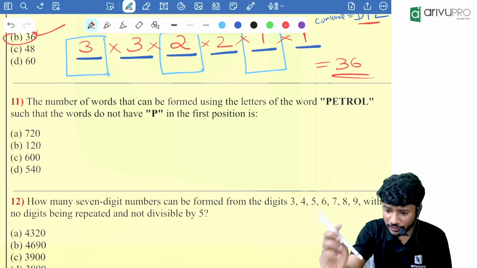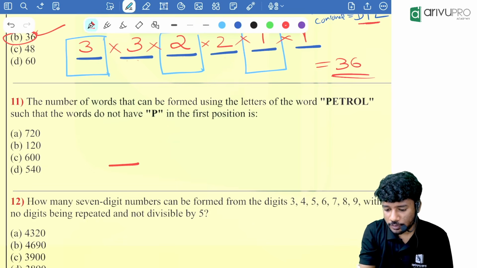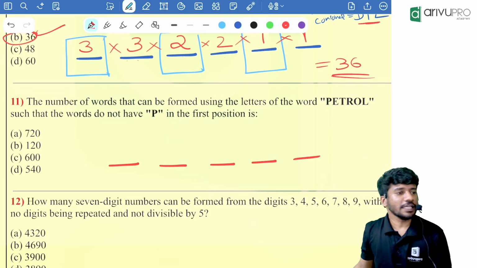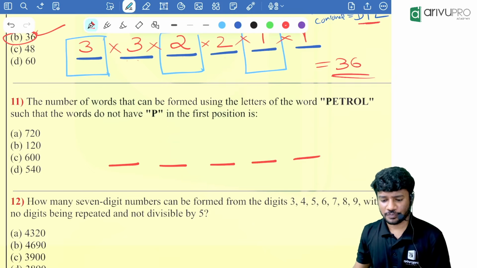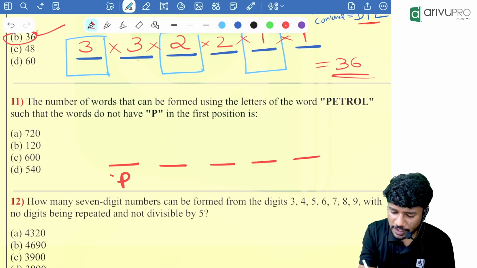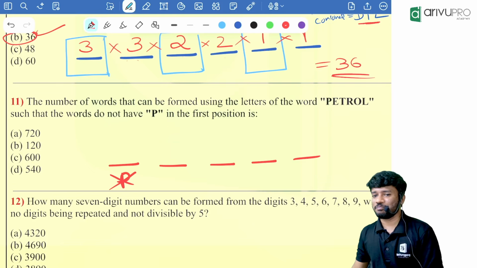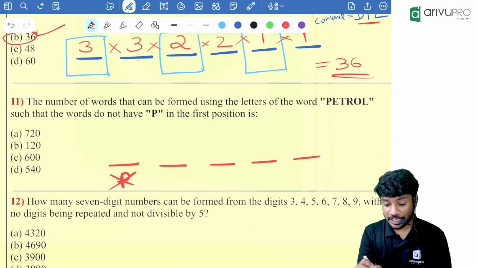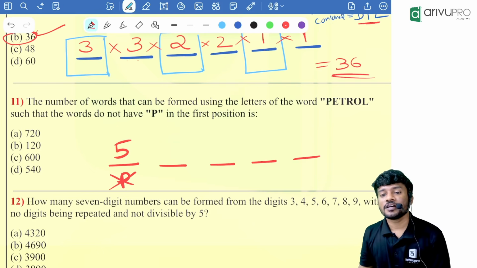Now I will write the vacant places: 1, 2, 3, 4, 5. In total, how many are there? 5 are there. Can P sit in the first place? No. P can't sit in the first place. So how many people can sit in the first place? Any of the 5 people.